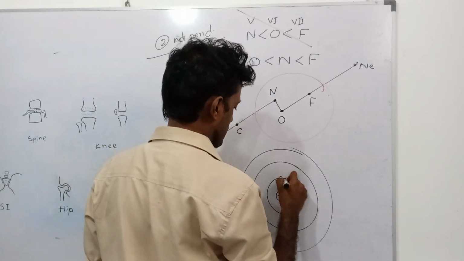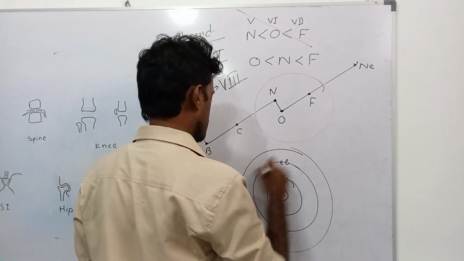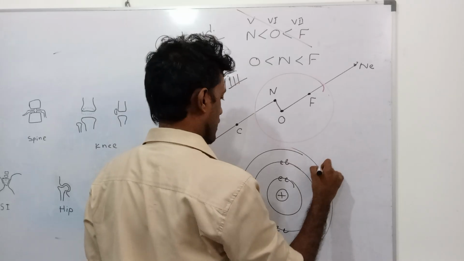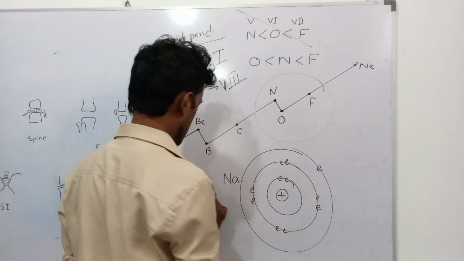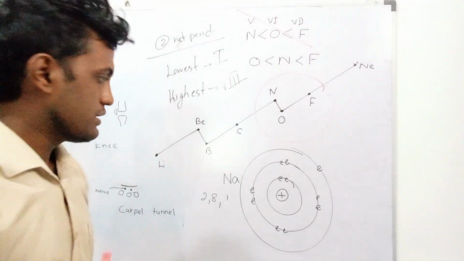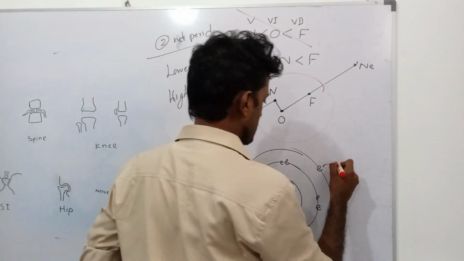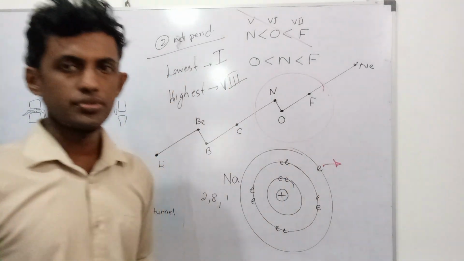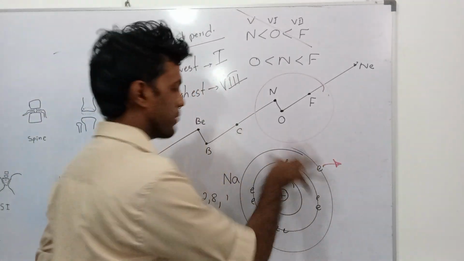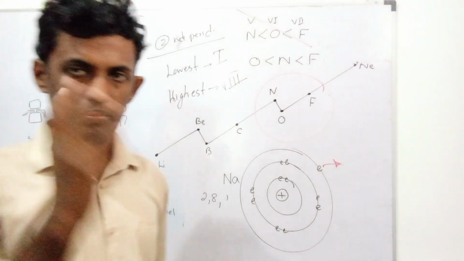Here 2 electrons, 8 electrons, and 1 electron: 2, 8, 1. If you need to remove this electron, you need to supply some energy, right?